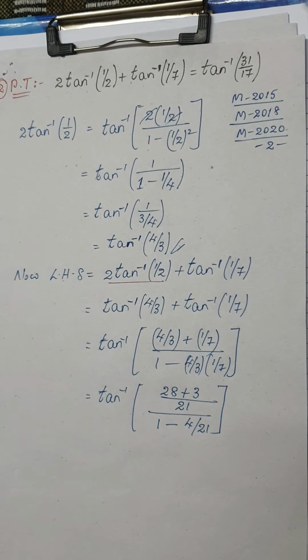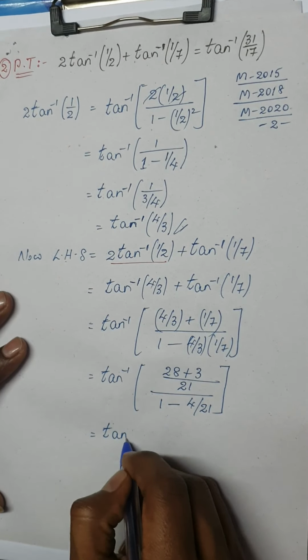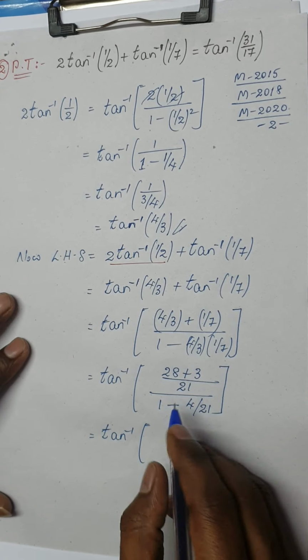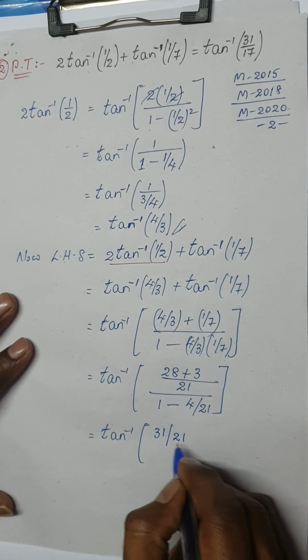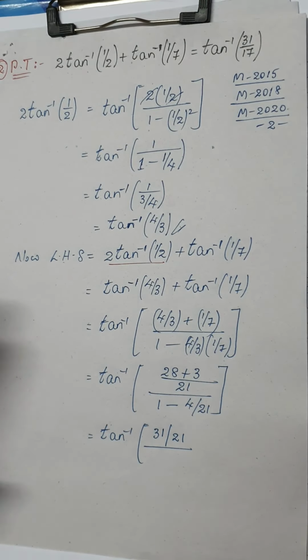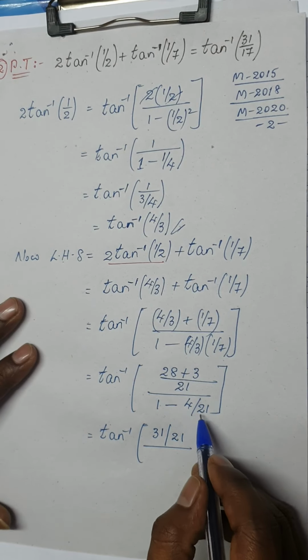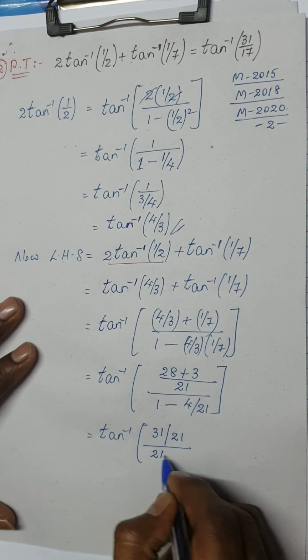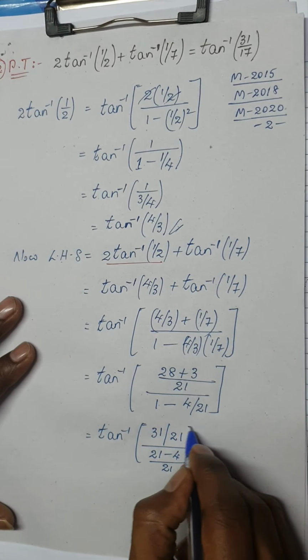So we are just approaching the final answer here. This is tan inverse of, now what is 28 plus 3? 28 plus 3 is 31 by 21, whole divided by, you can check, 1 minus 4 by 21, again take the LCM here, you will get 21 minus 4, that is of the form 21 minus 4 whole divided by 21.